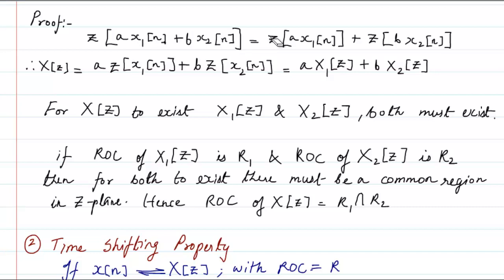That means you can find the Z transform of the first function plus the Z transform of the second function, where since a is a constant, you can take that constant outside and then it becomes a times the Z transform of x1 of n and b times the Z transform of x2 of n, where we know that the Z transform of x1 of n is X1 of z, and the Z transform of x2 of n is X2 of z.